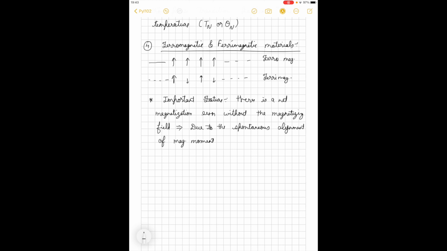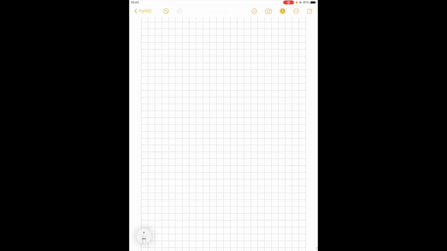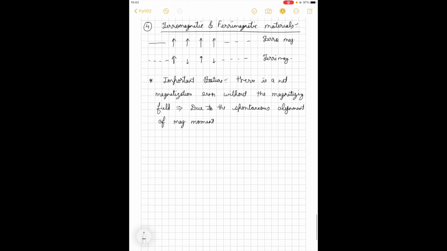So when we go beyond a temperature, which we denoted earlier as Tc, let's denote it as theta something, theta c or theta p. So above this Curie temperature, your system becomes paramagnetic, and below it's ferromagnetic or ferrimagnetic.